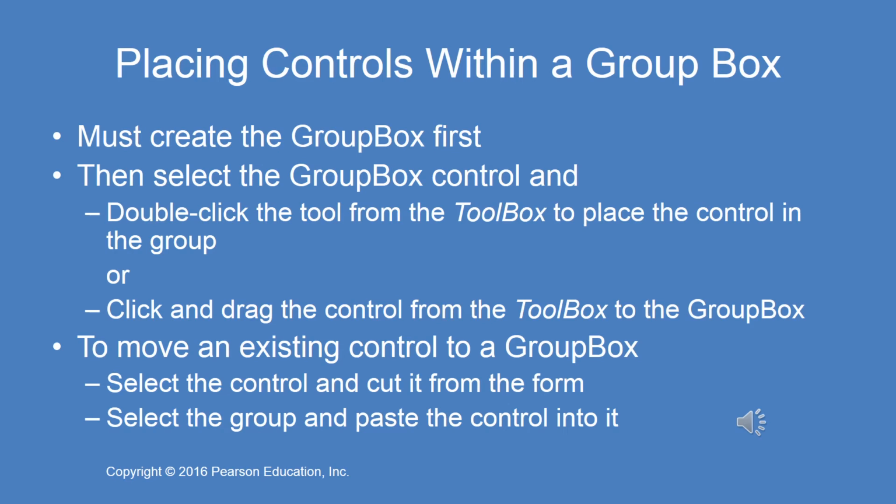You either double-click the tool and then move it into the group, or you just left-click it and drag it from the toolbox into the GroupBox. That's my preference, but not necessarily the easier or better way to do this. If you want to move an existing control to a GroupBox, you just simply cut it and then select the GroupBox and paste the control into the GroupBox.